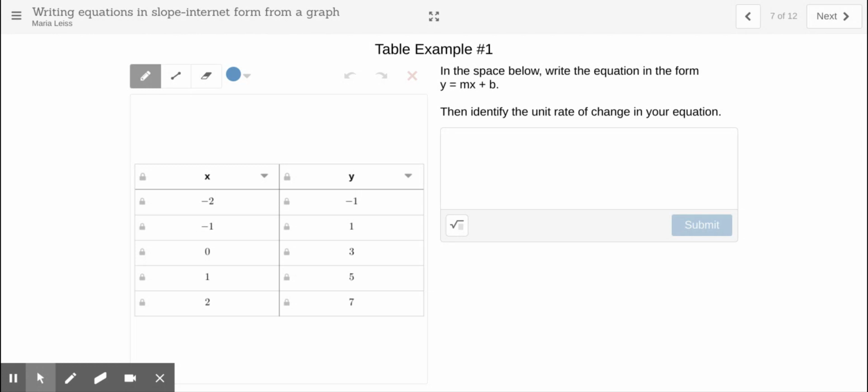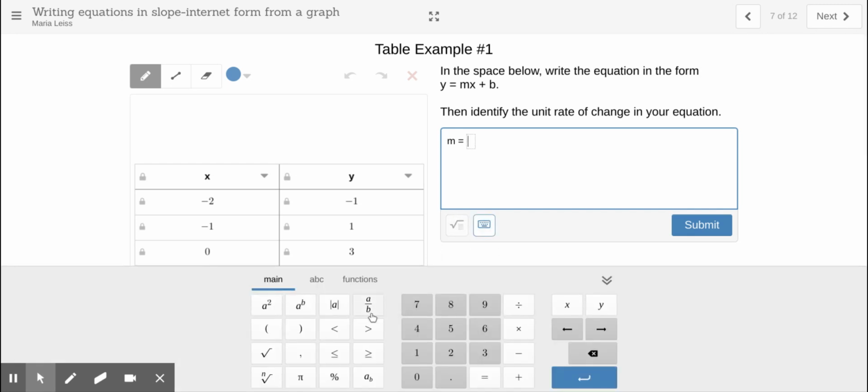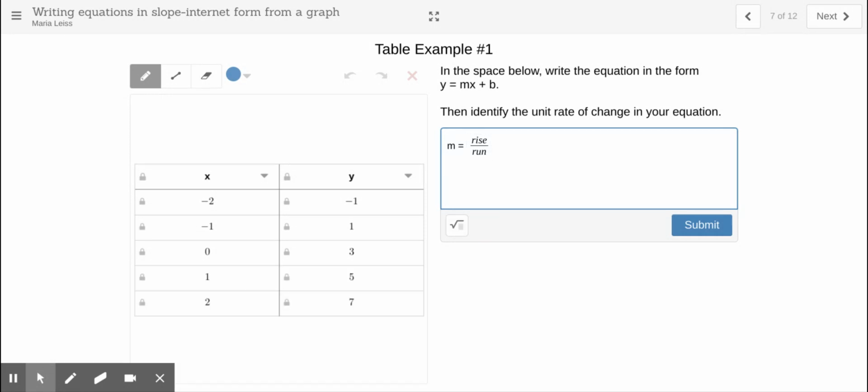I still am going to be working with a rise and run. So I still need to identify a slope. It's still going to be written as rise over run. But here's what I need you to know. For this, you're going to find the pattern of how the x numbers are changing.